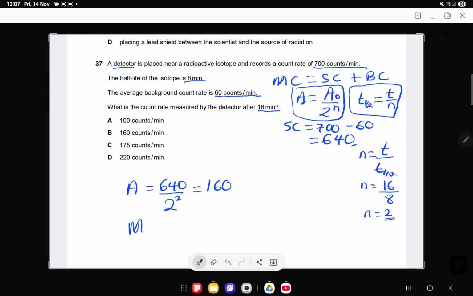So the measured count rate is 160 plus 60, where 60 is the background count rate, which gives me 220. So my answer is D. It's very important that you know when to subtract, when to use the sample count rate, and when to use the measured count rate.